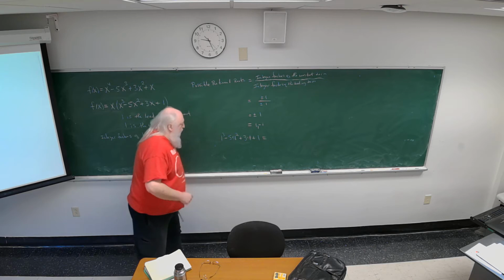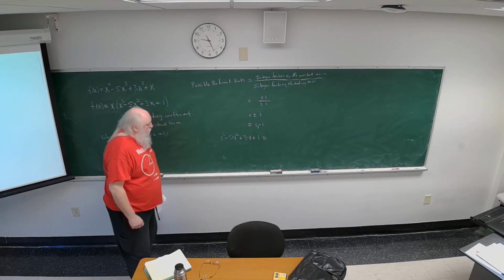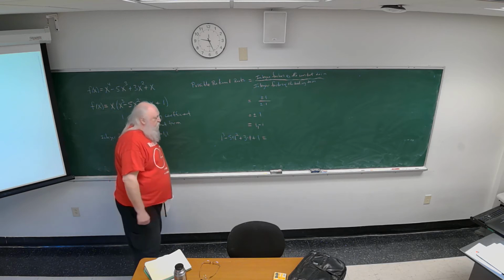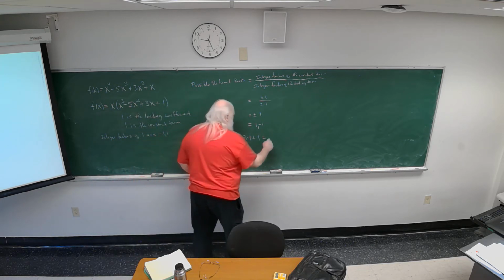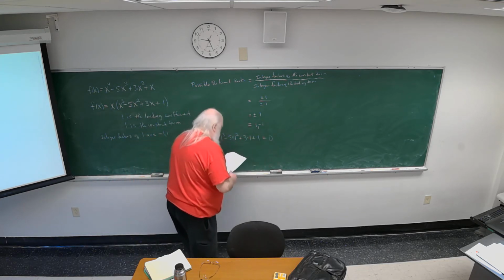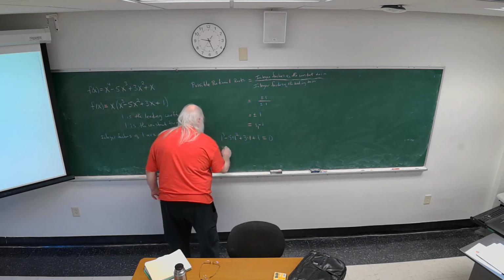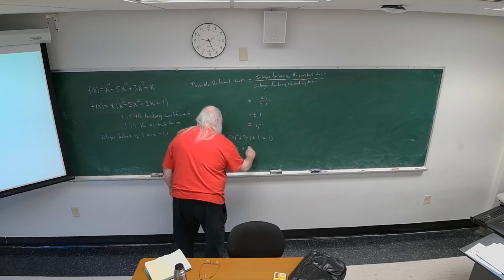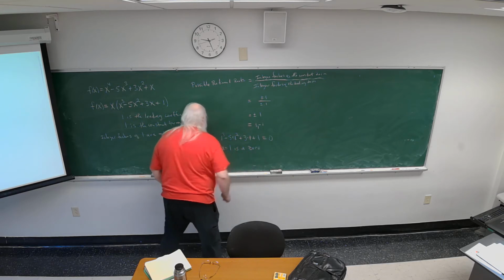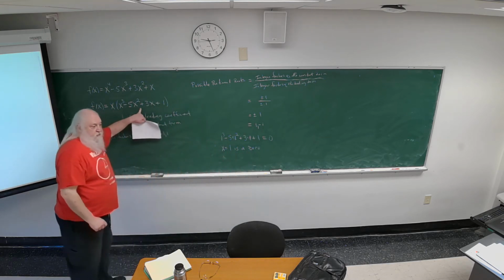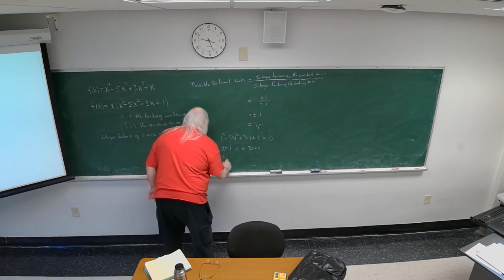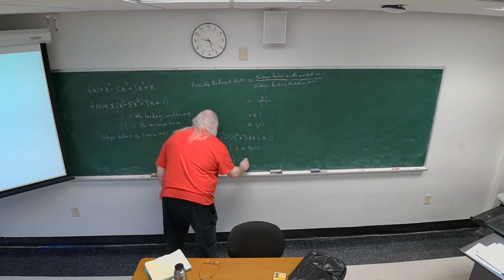And when you do PEMDAS, 1 minus 5 is negative 4, negative 4 plus 3 is negative 1, negative 1 plus 1 is 0. So x equals 1 is a zero of our third degree polynomial, which means x minus 1, from the factor theorem, is a factor.